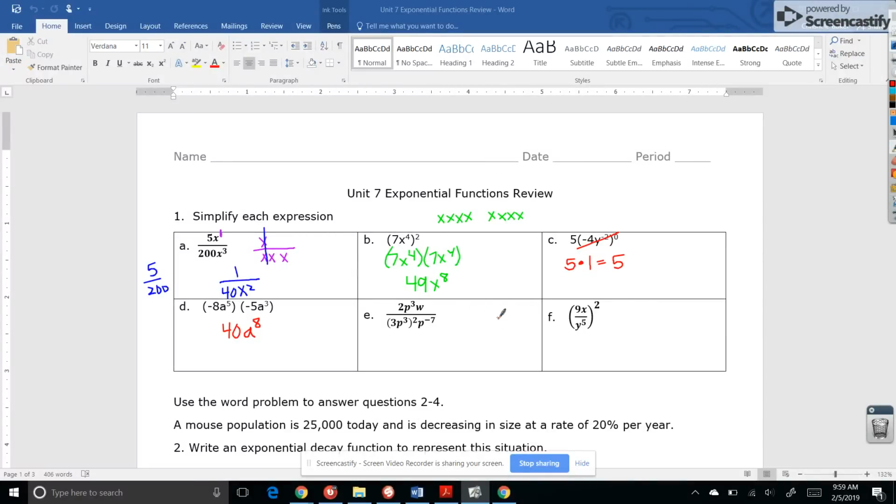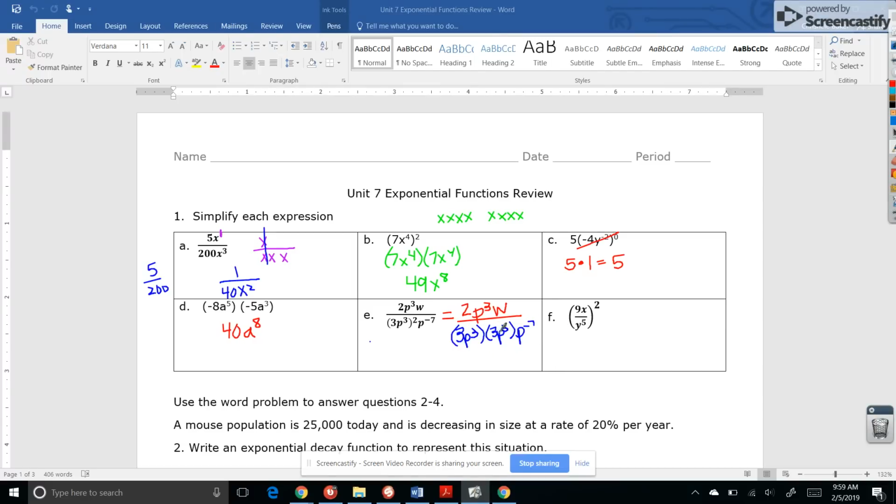Okay, this next one's a little more complicated. We kind of have a lot going on here. So I'm just going to rewrite my numerator just how it is, and I'm going to start by working with my denominator. So 3p cubed squared means I'm going to write 3p cubed twice. Then I have the p to the -7.